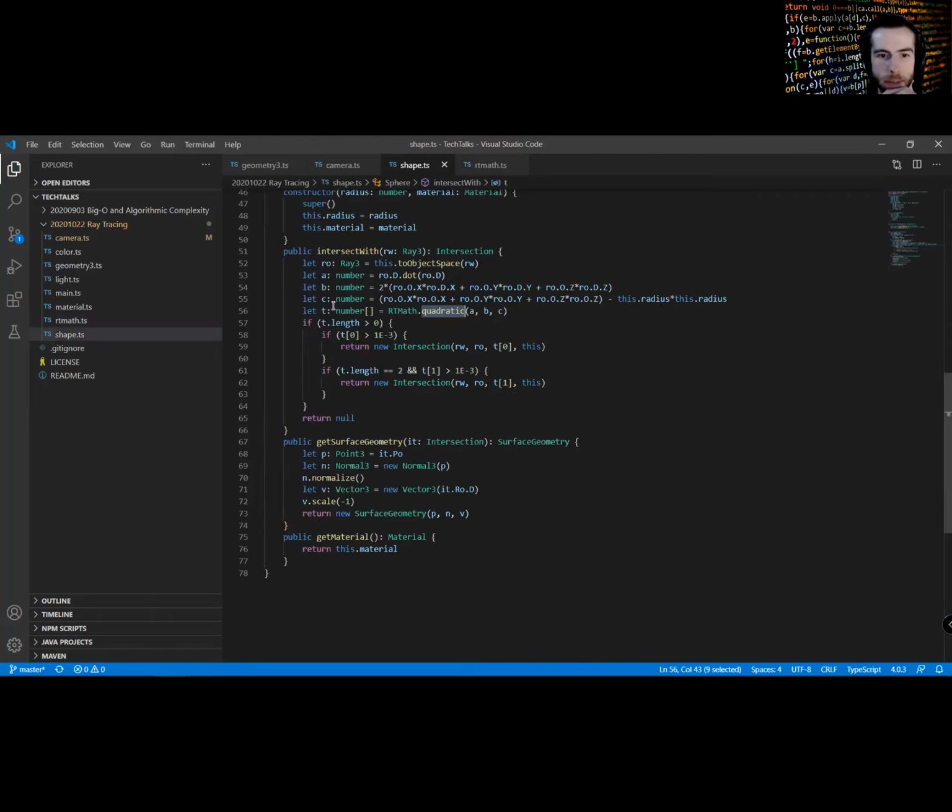Anyway, that gives us basically the solutions. And then here I can check if I get any solutions. This is a check too. It's good to have a little bit of a threshold, because if you're very close to a surface, you can get numerical errors, like false intersections, especially if you're checking for shadow rays.